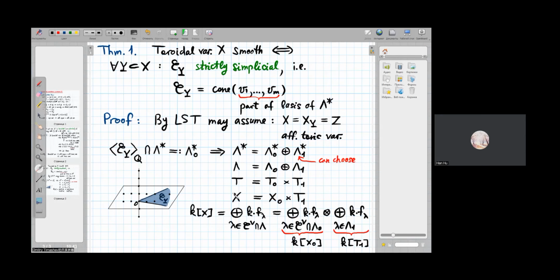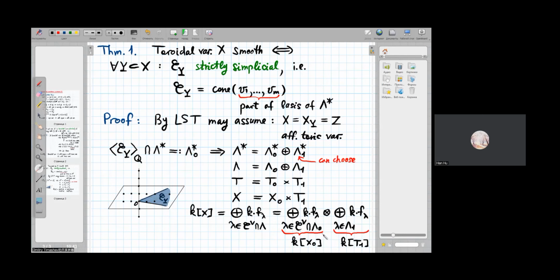And since this cone sits in the space spanned by lambda naught star, we have the first factor equal to some X naught. I want to ask, why is the second factor the whole T1?